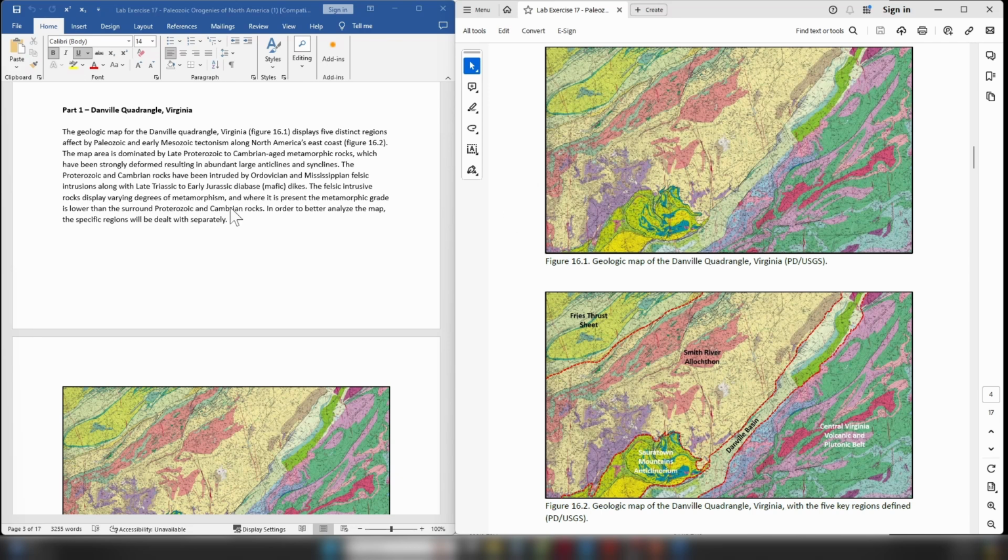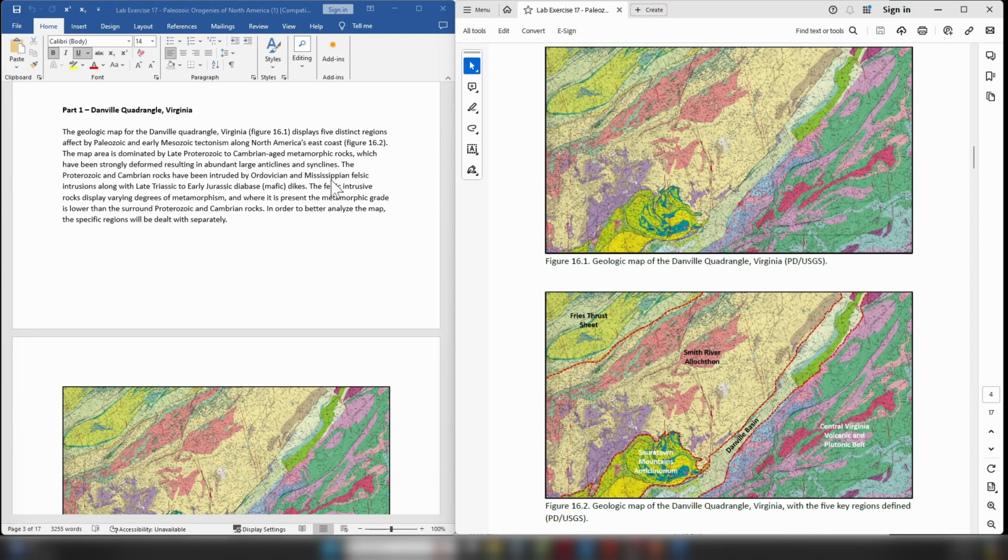Now, in terms of the deformation itself that's affected this area, it has led to the formation of several large anticlines and synclines, which would be expected, and that would suggest compressive stresses. The area has also been intruded by Ordovician and Mississippian aged felsic intrusions.